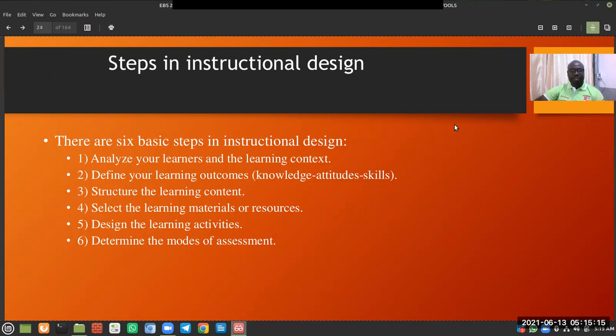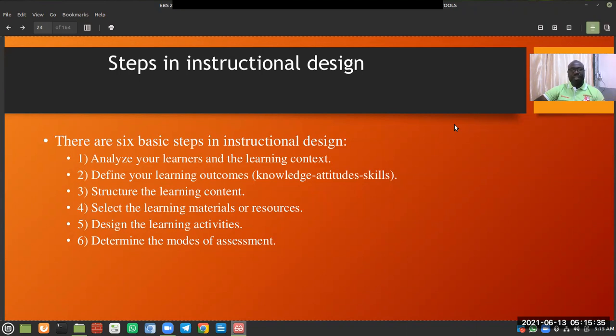And then 6, determine the modes of assessment. Definitely, these steps guide us when we want to design an instruction.